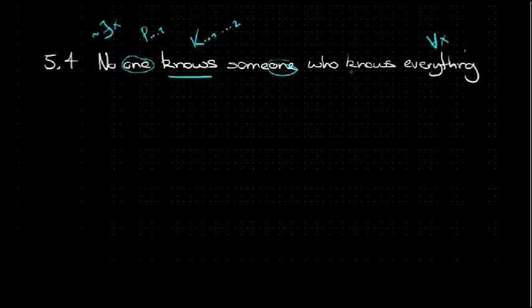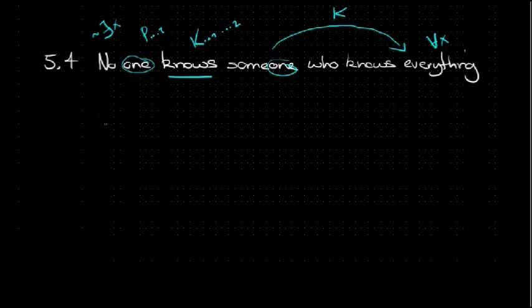We're saying knows is relational, so we're saying somebody knows everything as a relation, the relation K. They hold this relational property to everything, and everything includes non-persons. So we can't restrict our domain here. We're going to need to include our person predicate.